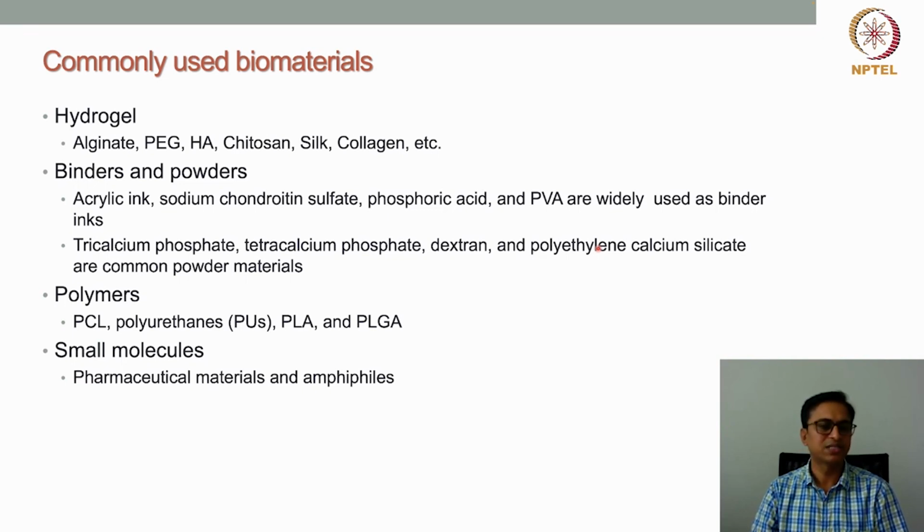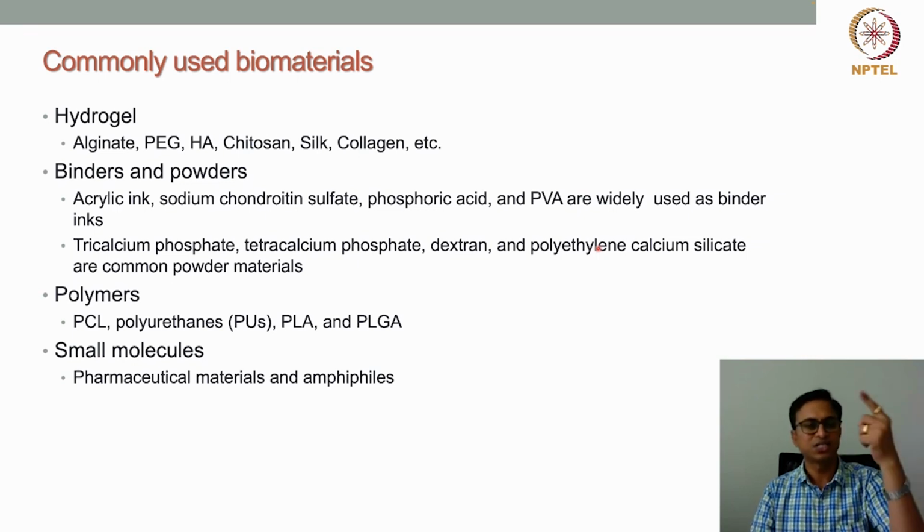Then the same phenomenon, where these polymer solutions are loaded into the cartridge. From the cartridge, it will reach the nozzles, and from the nozzles, based upon either thermal or piezo, the droplets will be generated, and then these droplets are plotted.